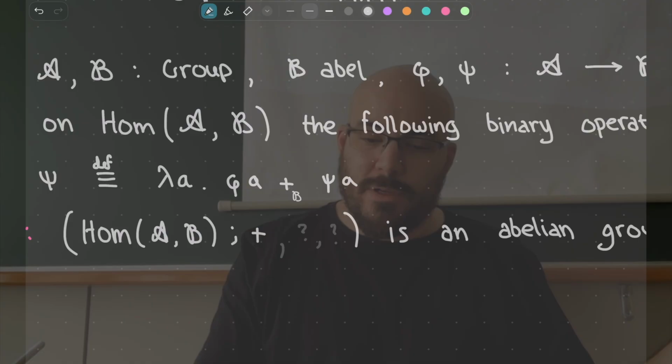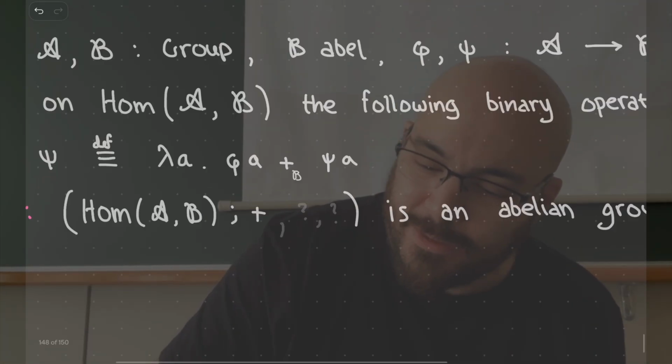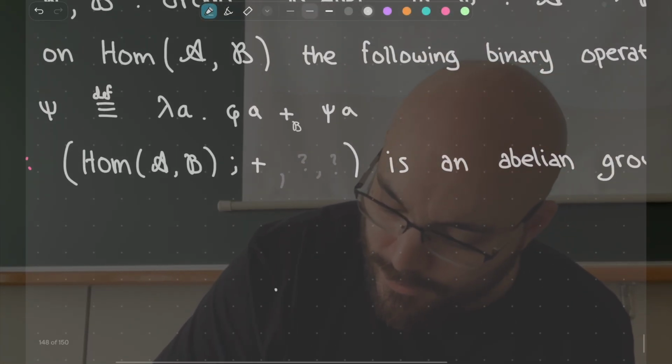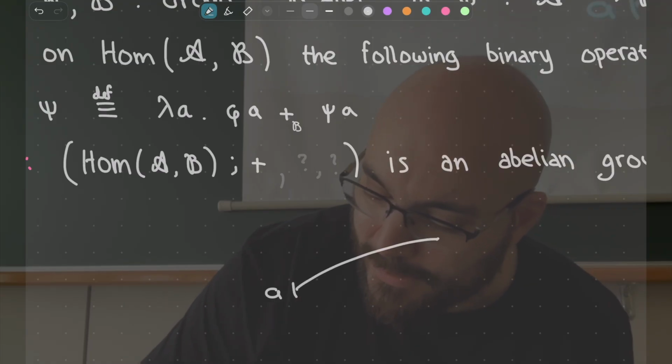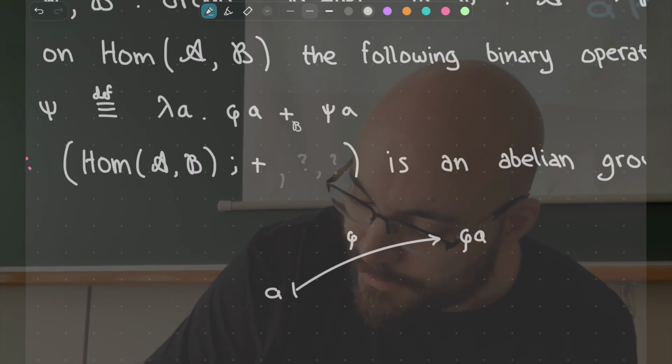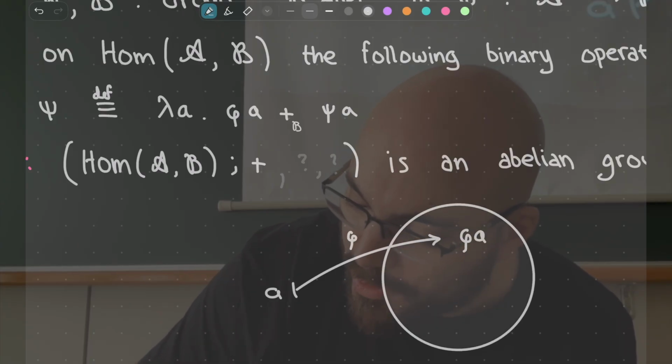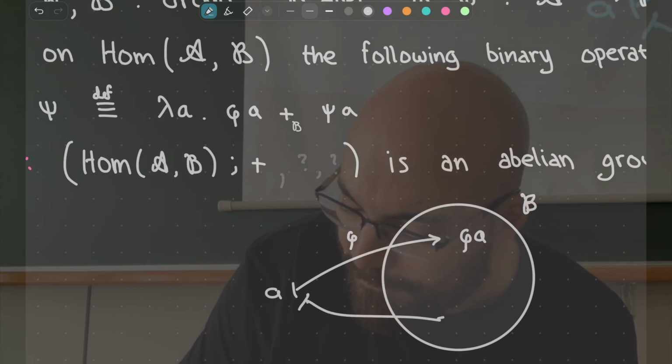Since you have applied phi to a, you are in phi of a which lives in B, and remember B is an abelian group, and now you also apply psi, and now you are in psi of a.